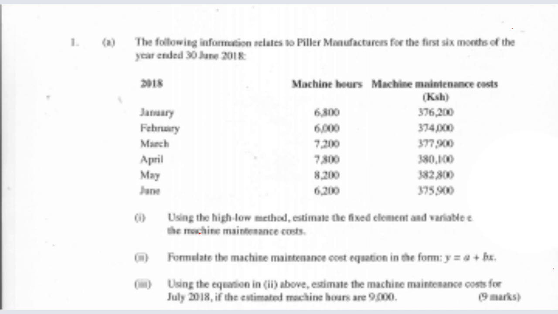I think it will give you 386,000 shillings. Any other problem?